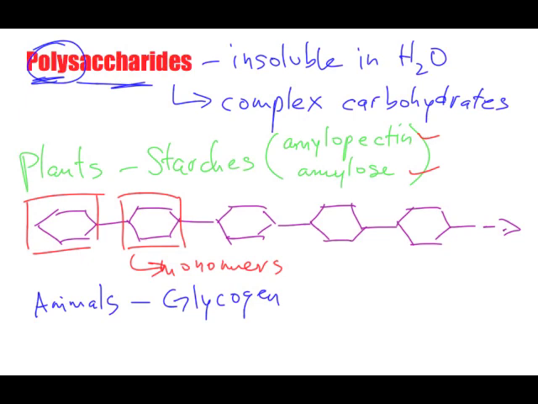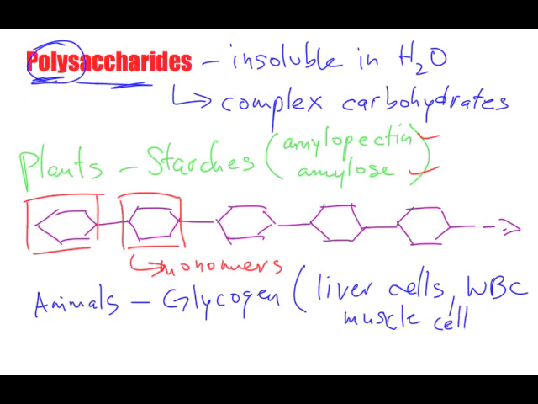We store glycogen in our liver cells, in some types of white blood cells, and in muscle cells, where we, as humans and animals, store our glycogen.